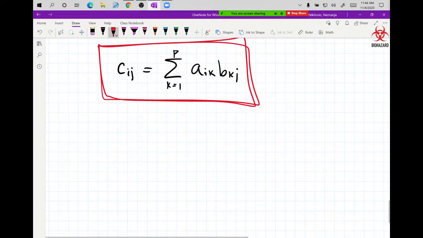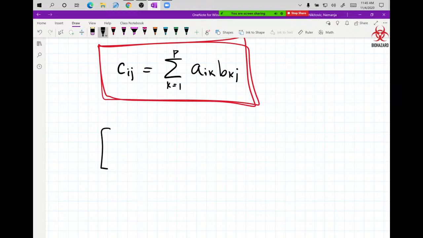Now, let's take a look at an example of this. To start off, I'm going to just take two square matrices because I don't want to worry now about the issue of compatibility of two matrices in terms of their size.